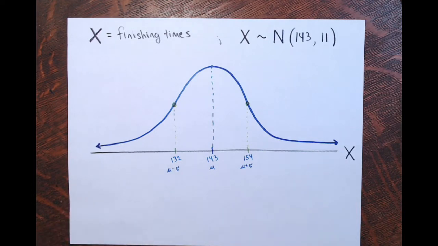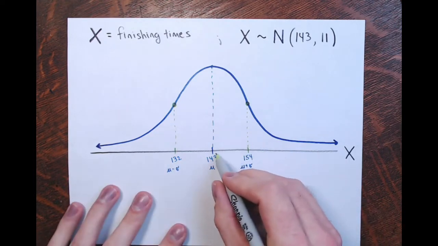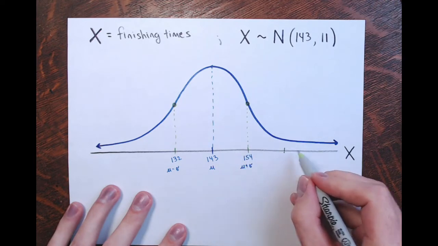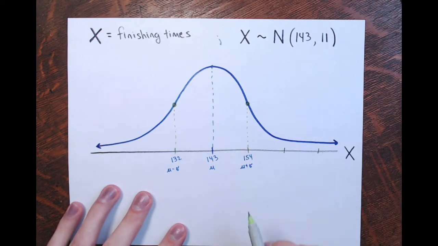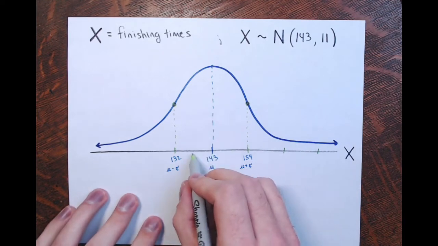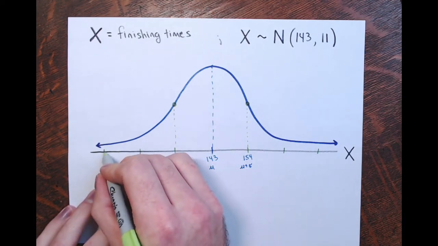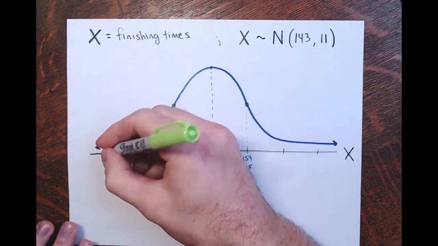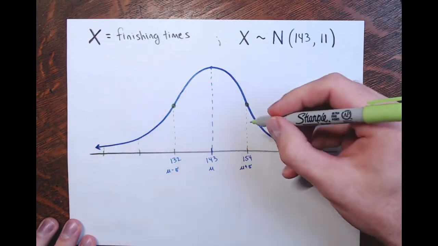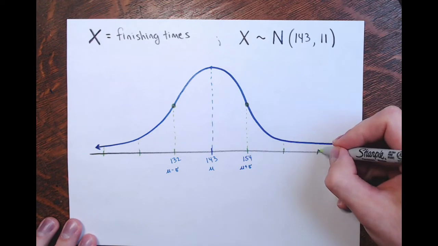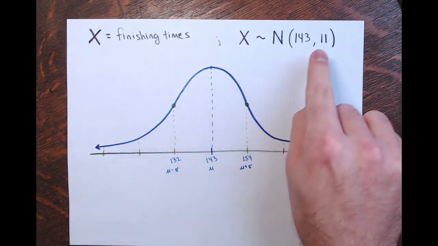And I can keep going. Let's go another standard deviation here, so let's say this is 2 and this is 3, trying to keep things evenly spaced. Here's another standard deviation, 2 to the left and 3 to the left. I'll section these off and just keep adding and subtracting 11.